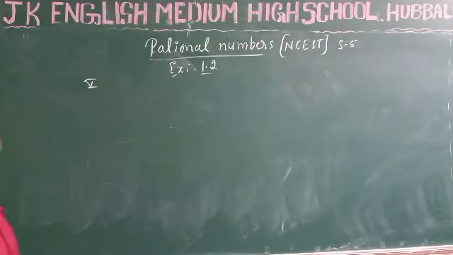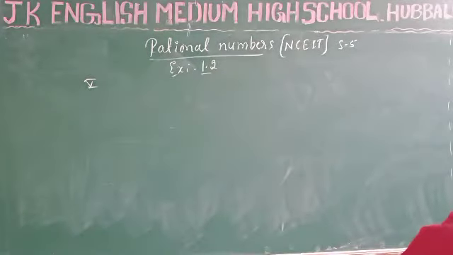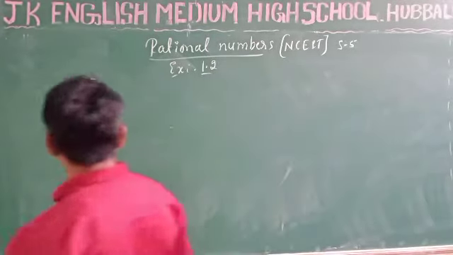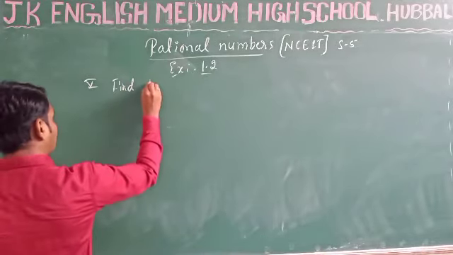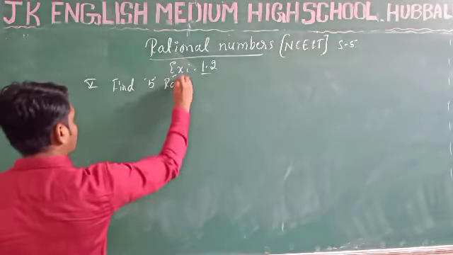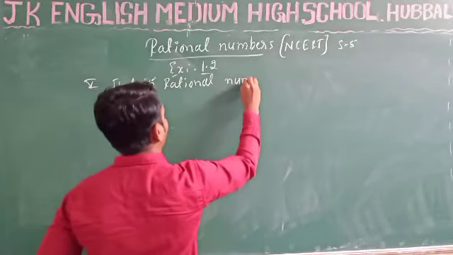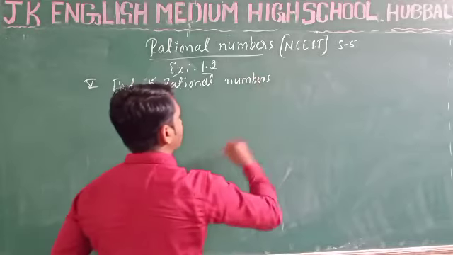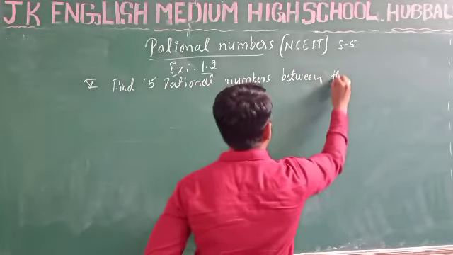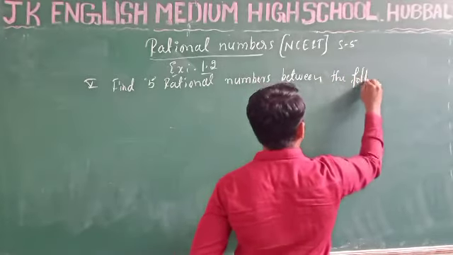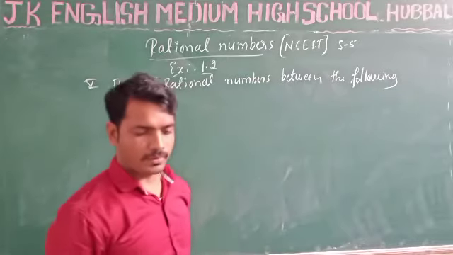Fifth main. So what is the fifth main question? Find 5 rational numbers between the following.